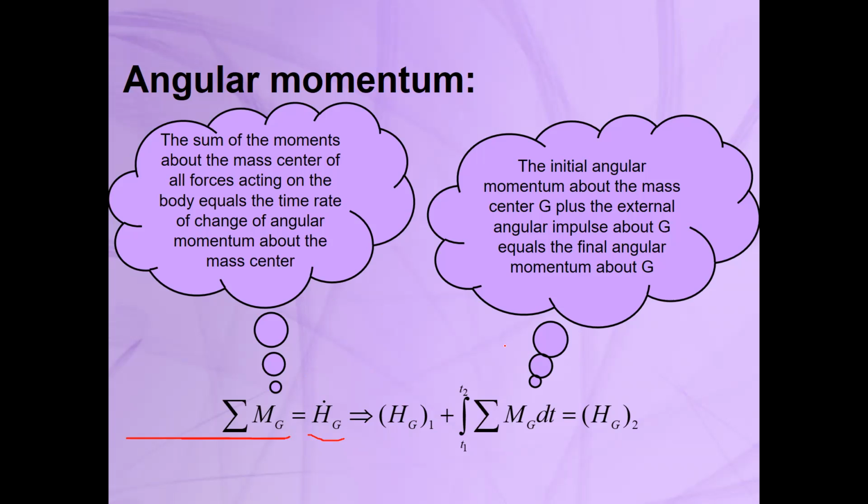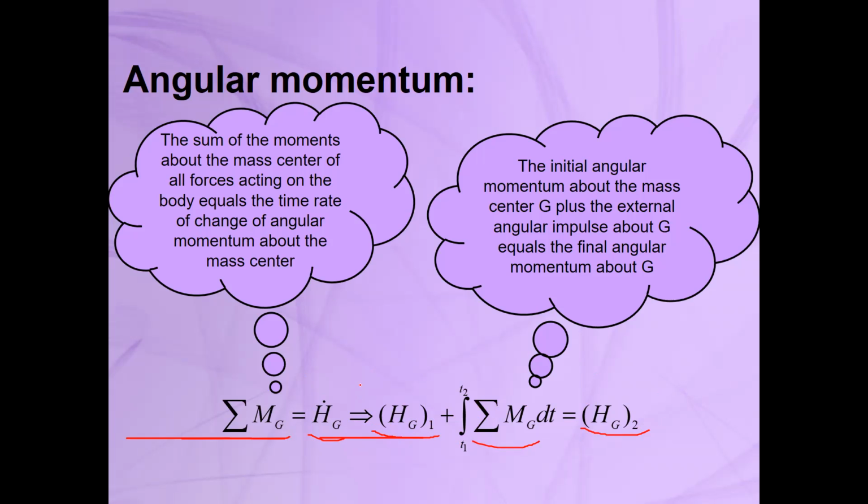And for the physical definition of the integrated form, the initial angular momentum about the mass center plus the external angular impulse about the mass center is equal to the final angular momentum about the mass center.